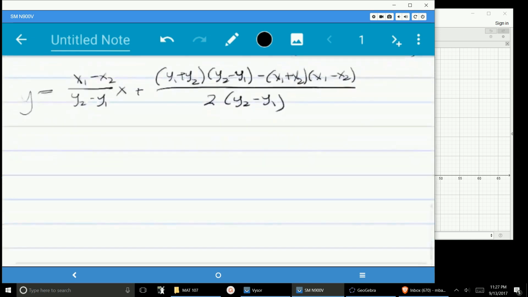Now this is actually going to be interesting. I can split this into two fractions now. I guess I should have done that originally. I could have just split it into two fractions. But look at this thing.